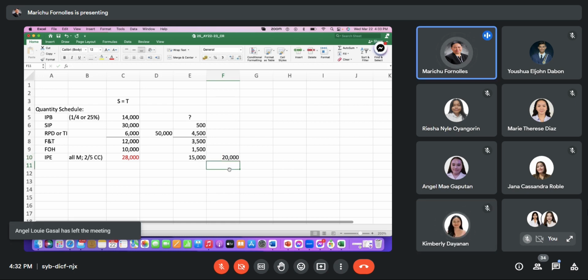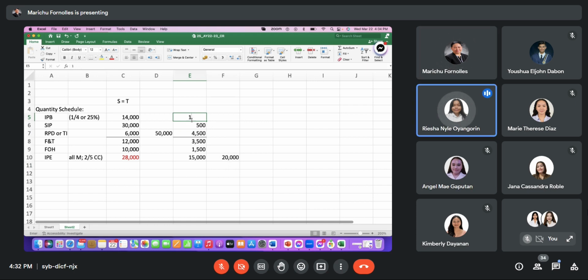The total targets is 20,000 minus the two given sources totaling 5,000. So 20,000 minus 5,000. Therefore, our work in process beginning is 15,000, Miss. Okay, 15,000 units is the work in process beginning. So that is how you determine the missing item.